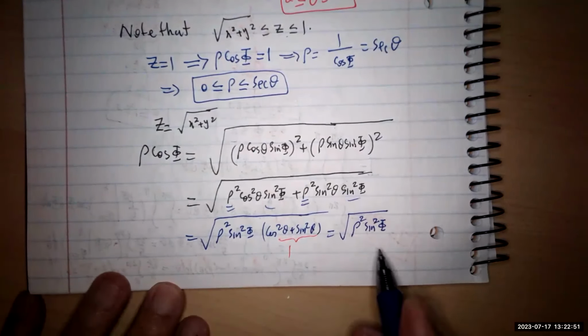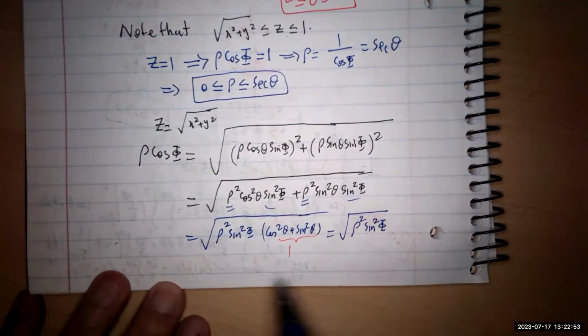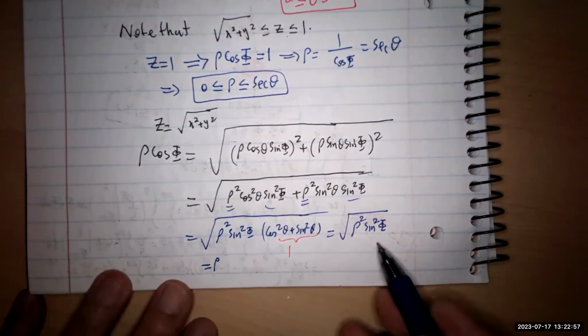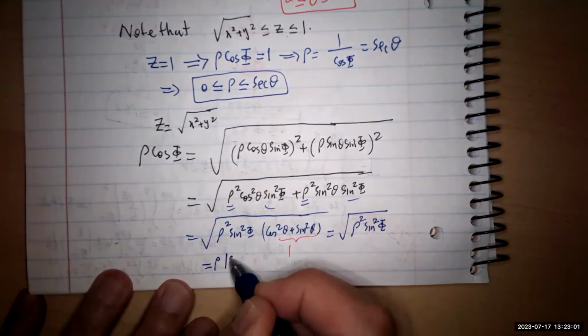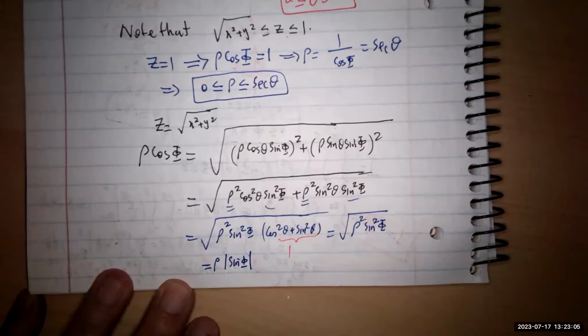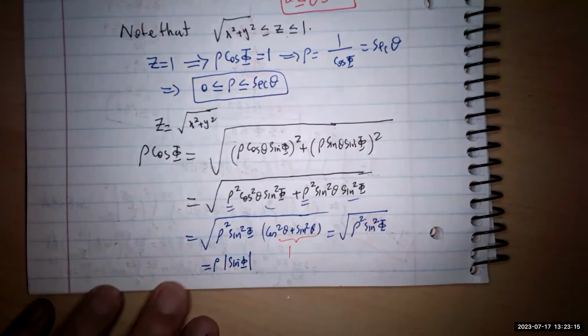You know that when you take the square root, rho is a positive number. So the square root gives you rho, but you have to use the square. It's going to be rho times the absolute value of the sine of phi, because phi is between 0 and pi, since it's the angle between two lines.